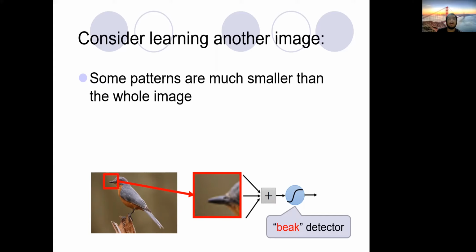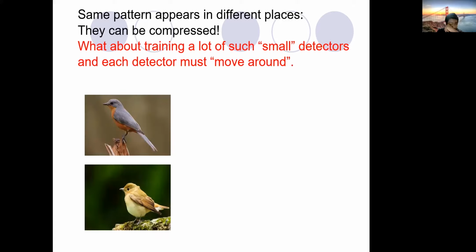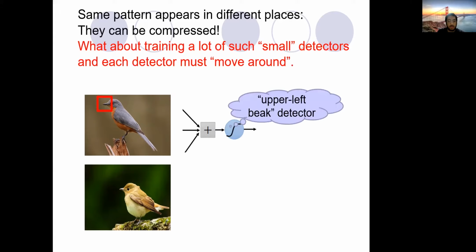Pretty cool. Now let's look at different patterns, or rather different birds, but with similar sort of structures, because we know that all birds have beaks, right? So let's look at these two birds. The first one is what we looked at earlier. In that image specifically, the beak is located on the top left corner, right?